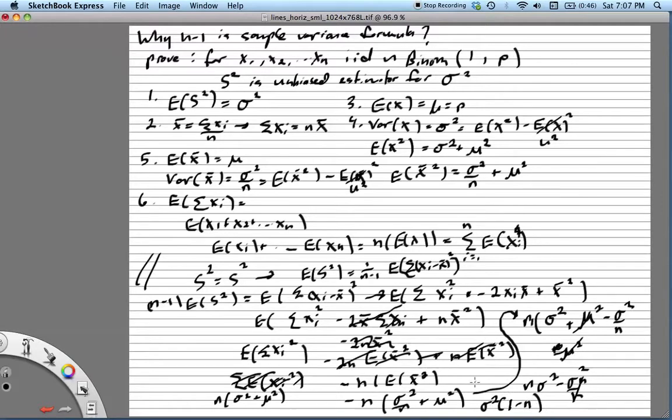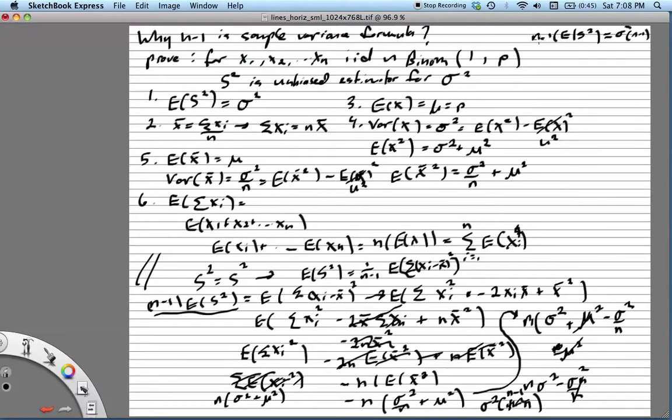Okay, and what did we start with that we worked forward to algebraically to get here? Well, we started with this right here. So what we conclude is that n minus 1 times the expected value of the sample variance is equal to sigma squared times n minus 1.